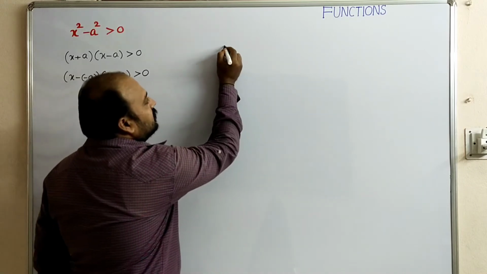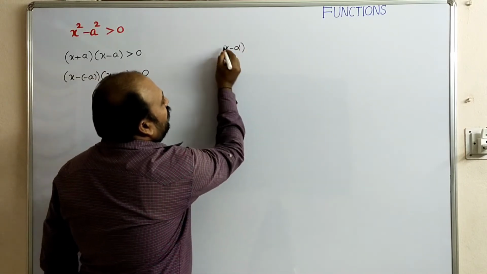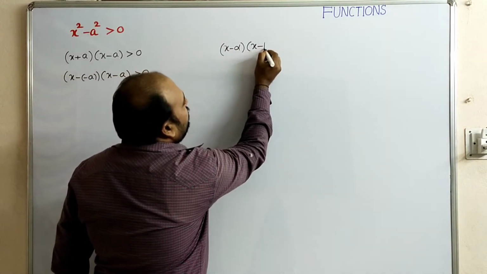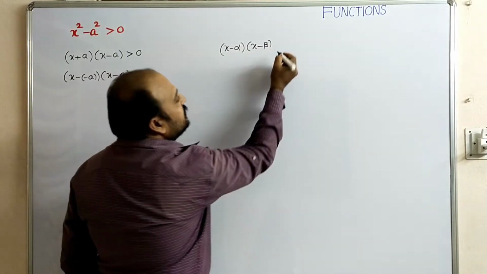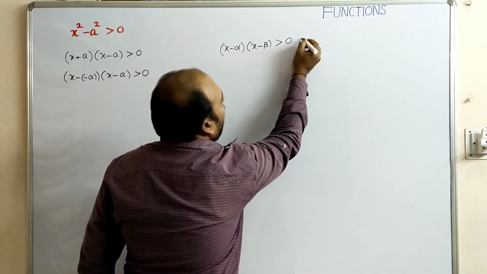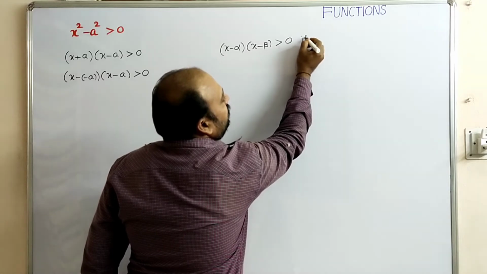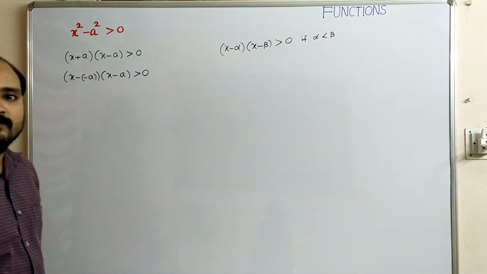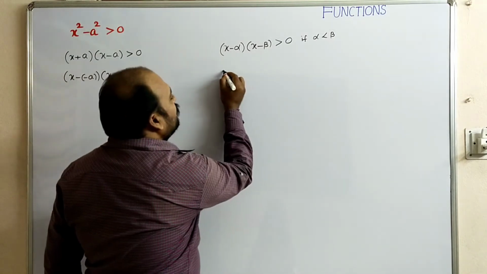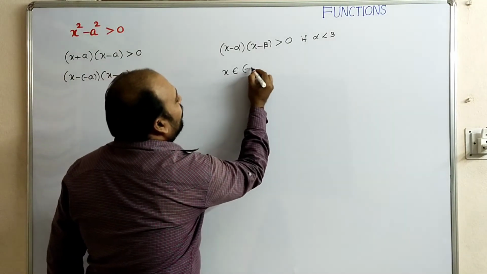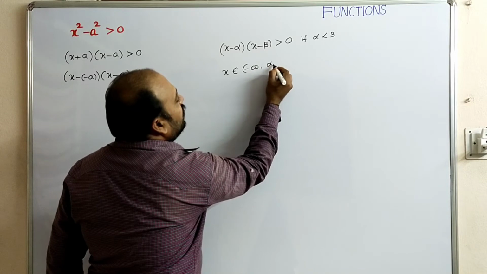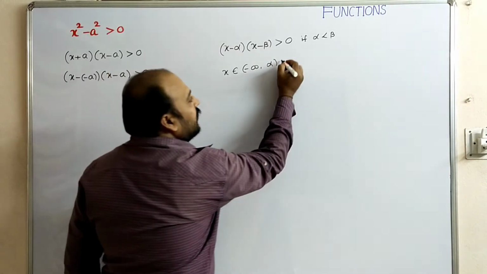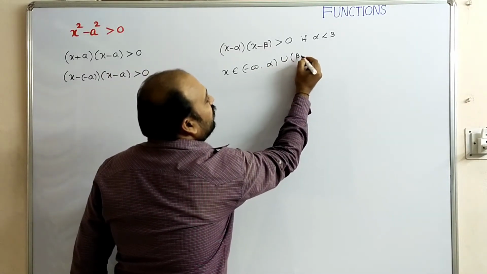We have that x minus alpha into x minus beta is greater than 0 when alpha is less than beta. X belongs to open interval of minus infinity to alpha union beta to infinity.